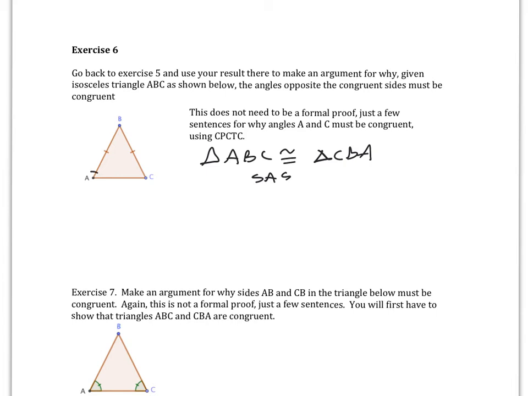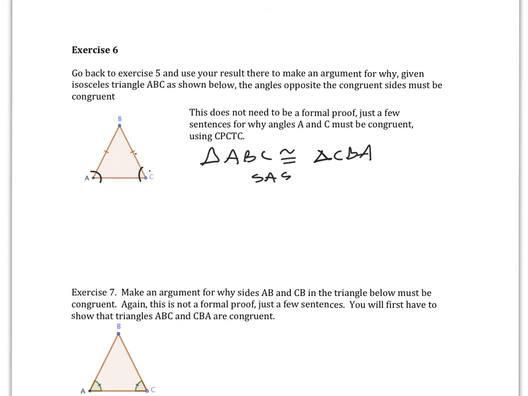We did not talk about these angles at all, but now because of CPCTC, we can say that these are two corresponding angles, so they are congruent to each other. So we've proven that in an isosceles triangle with two congruent sides, the angles opposite those sides are congruent.